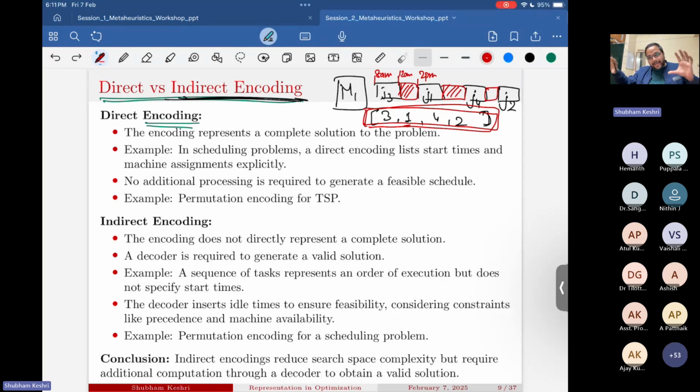When you obtain this schedule, the times at which jobs start and the idle time, only then will you be able to obtain the objective function. Why is this true? For example, there is one objective, makespan. What is makespan? Makespan just means the completion time of... I'll just use one more page.